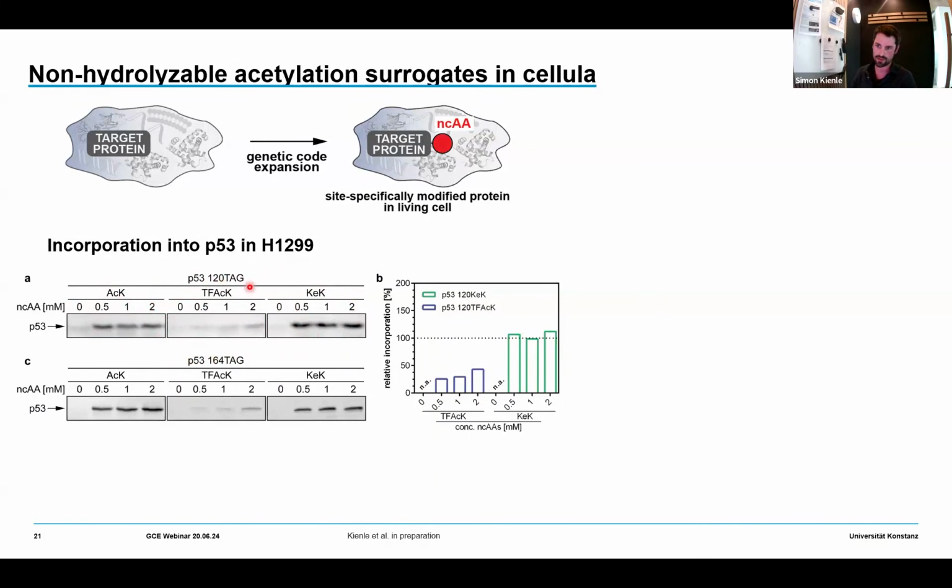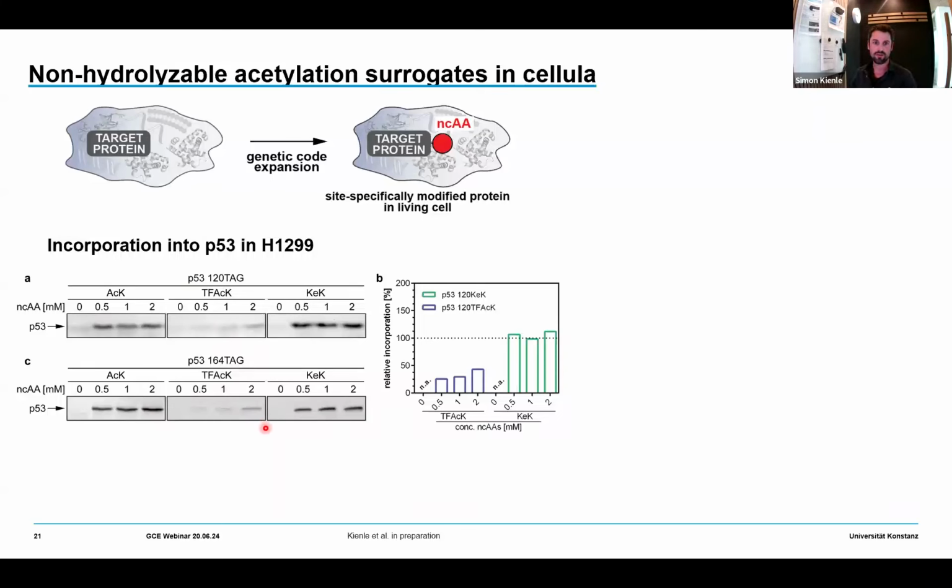And this was not site-specific. This was also seen with another site in P53 at position 164. So we also got good incorporation with ketolysine and acetyllysine, whereas there was barely any incorporation with trifluoroacetyllysine.